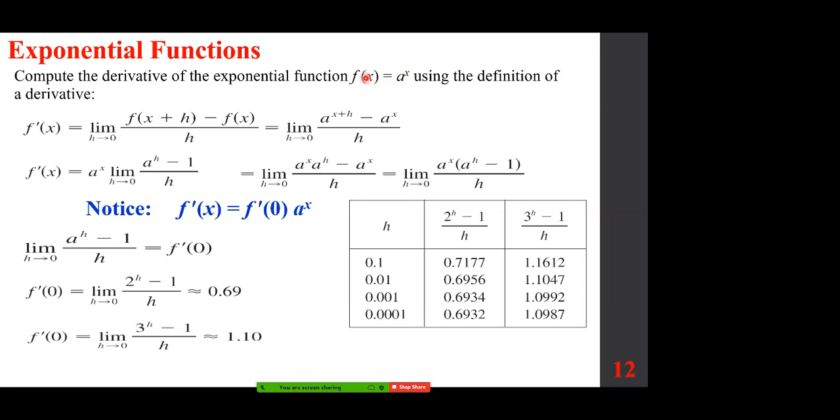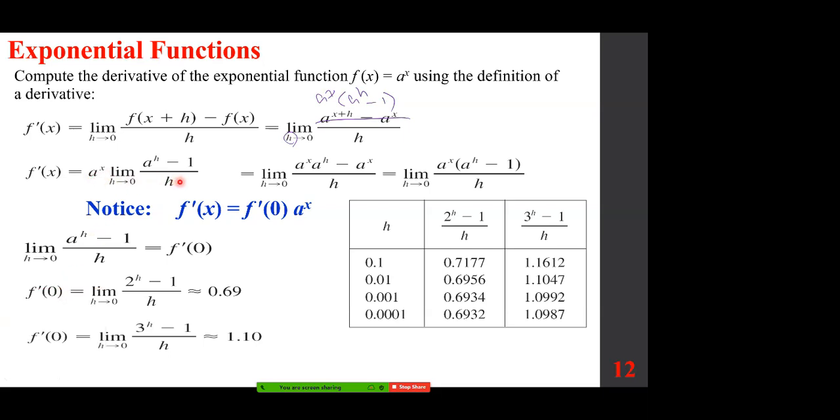Let's calculate the derivative of a to the power of x, and then we'll see what we are looking for. If we calculate it using the definition, this becomes a to the power of x plus h minus a to the power of x, over h. This we can factor a to the power of x. Because the limit applies to h, we can take it out.